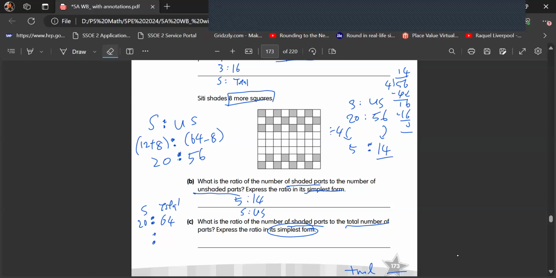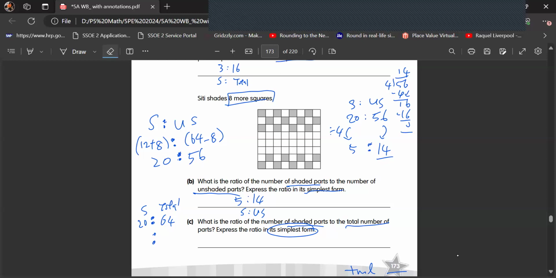And then Jaren says, yeah, I added because I only counted 8 shaded squares. And then Skylar said there's another method to tell where you got this wrong. You add the two, the shaded and unshaded, 20 plus 56, it doesn't give you 64. You need to be able to do this yourself during exam time. If you follow me like that, then exam time is 0 marks.